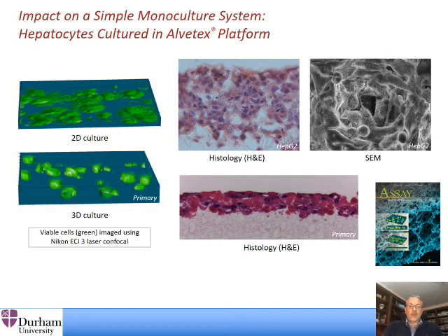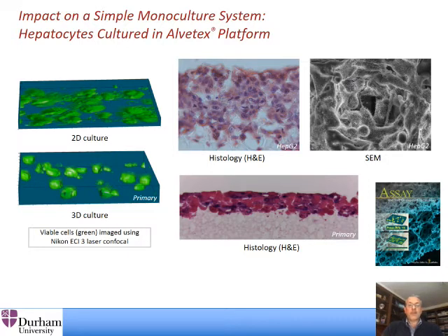So we can see this in action with a simple monoculture system. So this is a single cell type growing on the material. And these are hepatocytes, and they have been stained with fluorescent dye. You can see them growing in 2D here, and they're flattened. Whereas when seeded at low density, so you can see their profiles, the cells retain a 3-dimensional shape when grown in the Alvetex scaffold.